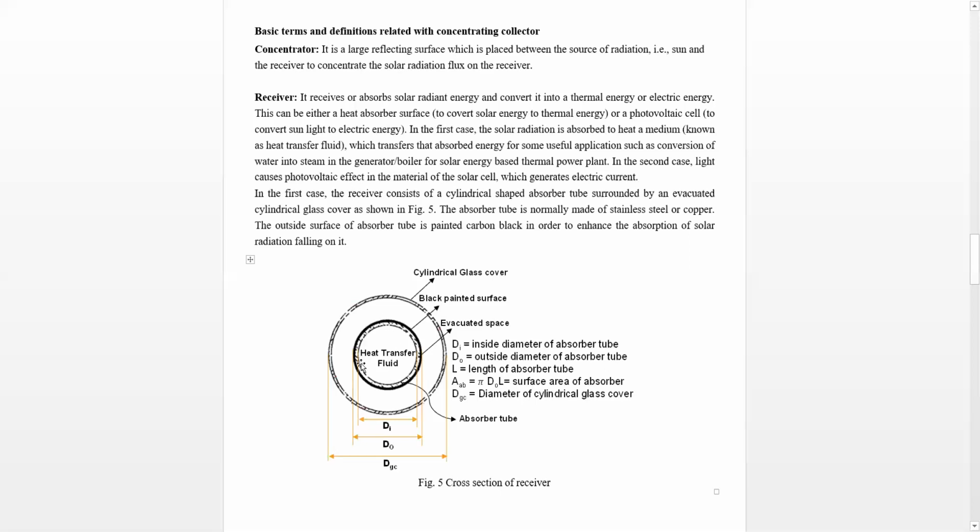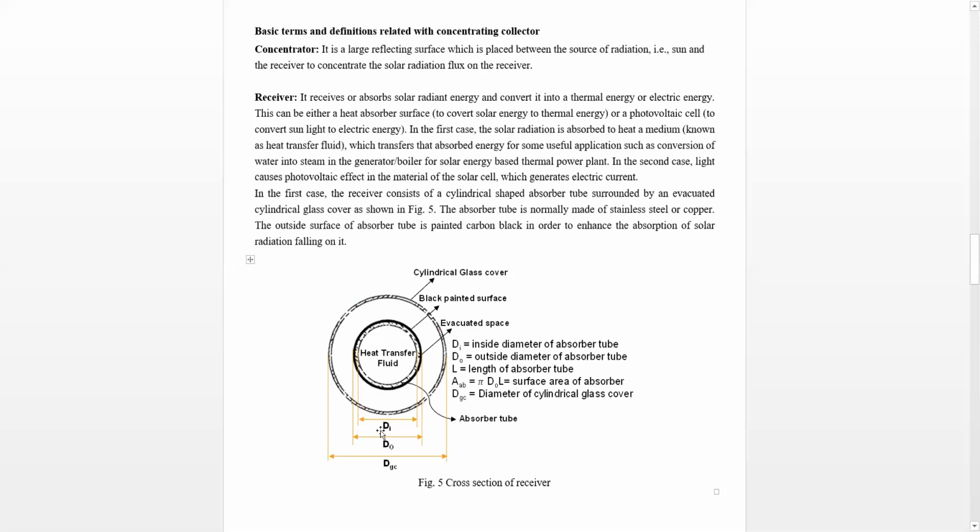The outer surface of this tube is black painted, hence it absorbs the solar radiation, and this tube has a transparent glass covering envelope to reduce the radiative and convective losses from the absorber surface. This annular space is completely evacuated, has a vacuum, in order to significantly reduce the heat losses from the absorber surface to the surrounding.